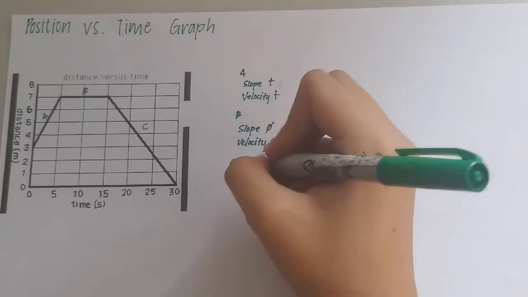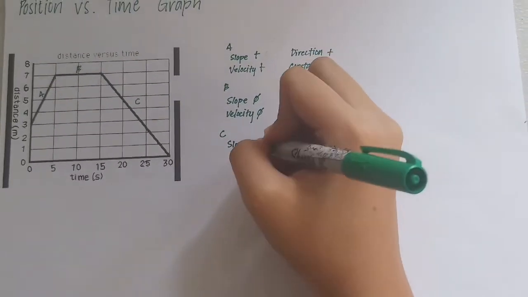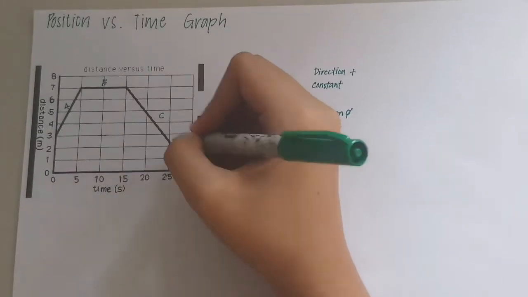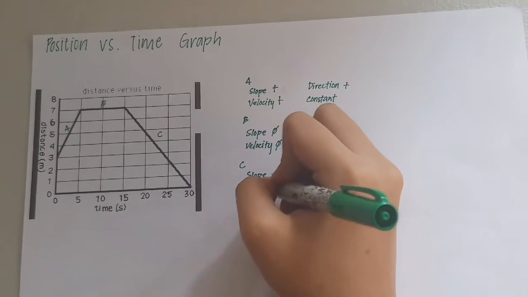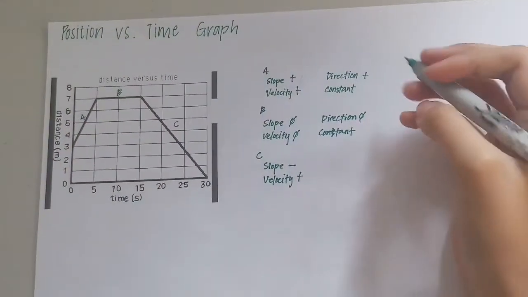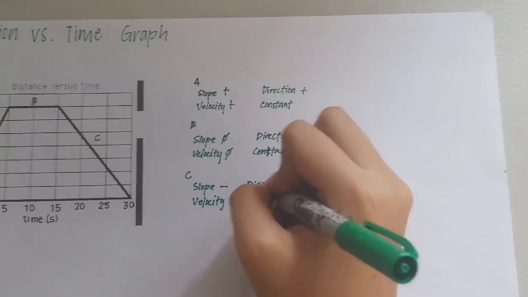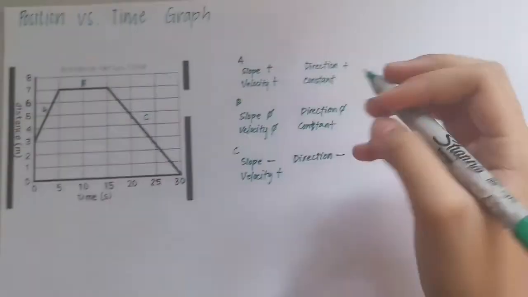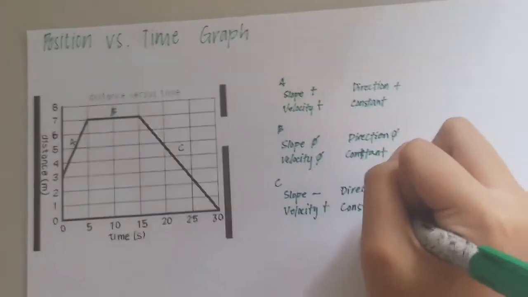Letter C. The slope of letter C is negative since it's slowing down. Then the velocity is positive since here we only have positive velocities, and the direction is negative since it is slowing down, and this speed is considered constant.